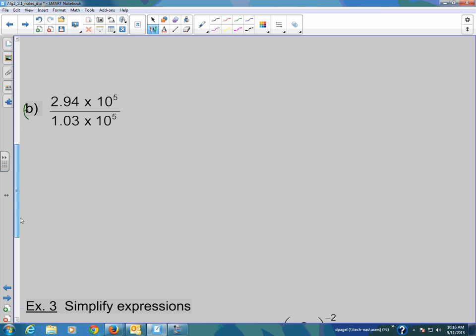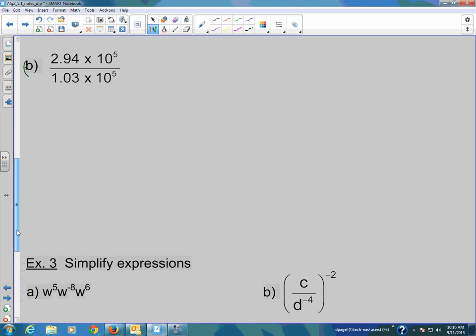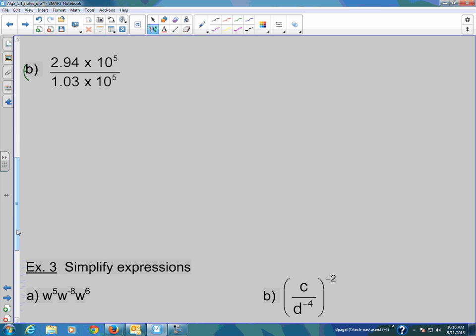So what about this one? We have already set up an exponential form with scientific notation, so it's the same thing. I still consider looking at the c values, and I divide them, and then I still consider the exponential values, and they also are being divided.